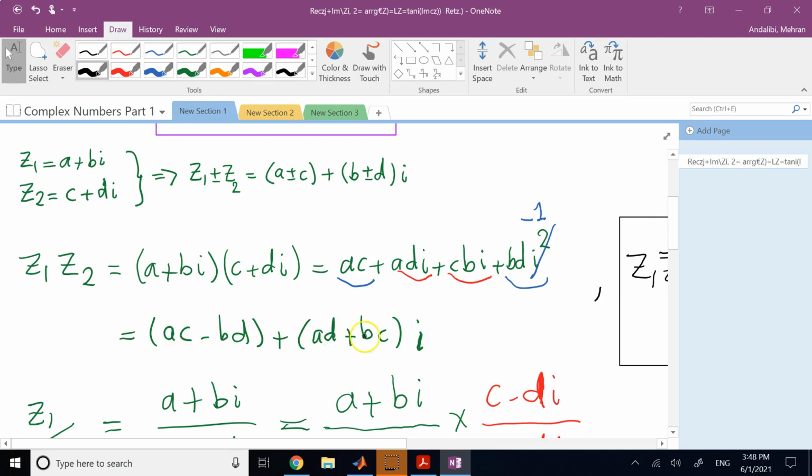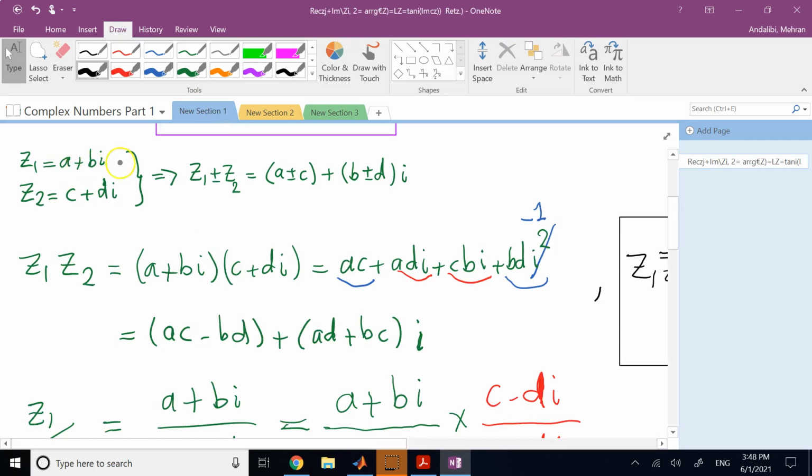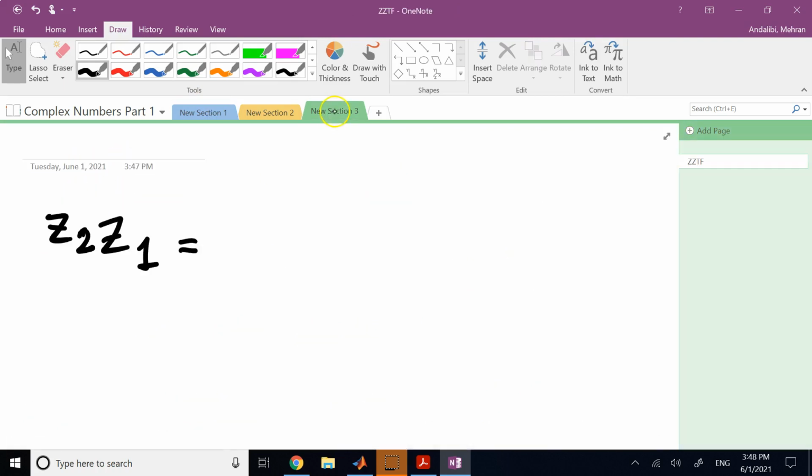Well, if you change the order, let's just look at it, and then we come back. So what is z2 times z1 if z1 and z2 are defined based on that definition? One of them is a plus bi, the other one is c plus di.